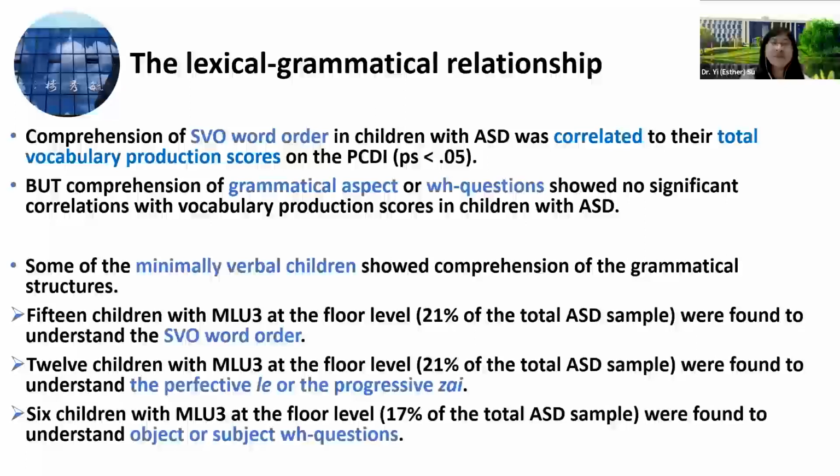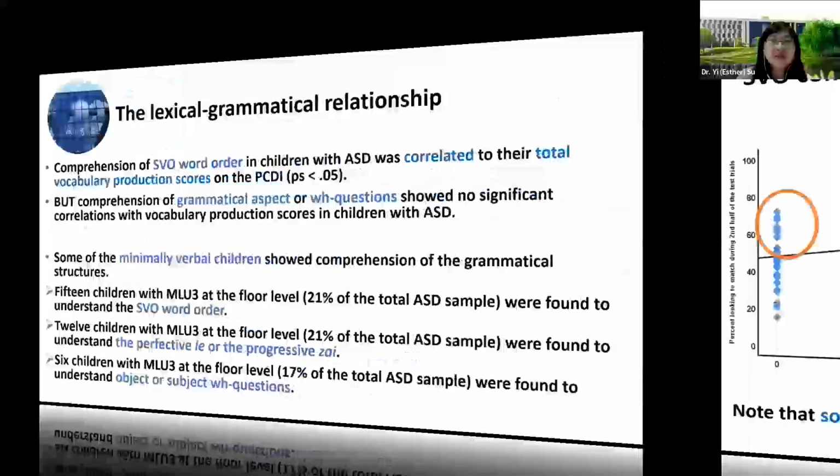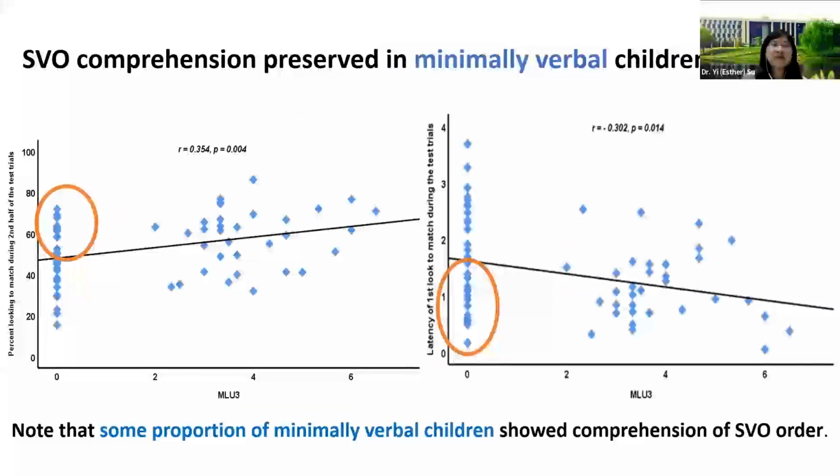So in our 3 experiments, about 70% to 21% of the total ASD sample were found to understand the target structures. Here you can see the scatter plot of SVO comprehension.